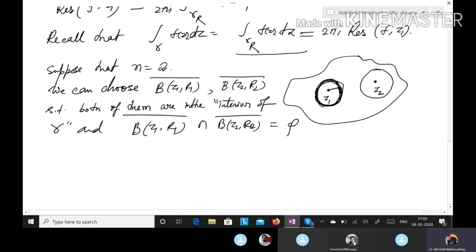So we are considering the path that is the boundary of this disk B(z1, r1), and for that disk B(z2, r2), and they are homotopic to gamma. Their union is homotopic to gamma.